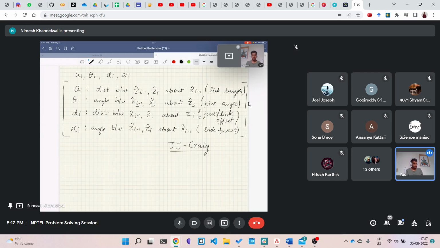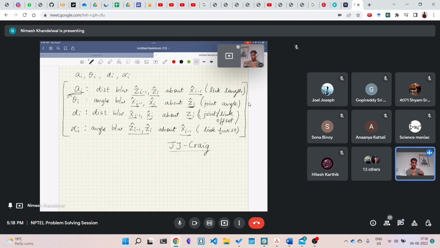You can see that we had chosen each and everything here: how we will define this a i, and how we will attach these coordinate axes, these basis vectors, to their respective frames. This is all our choice. But now since we have chosen this, we have to be consistent with it.